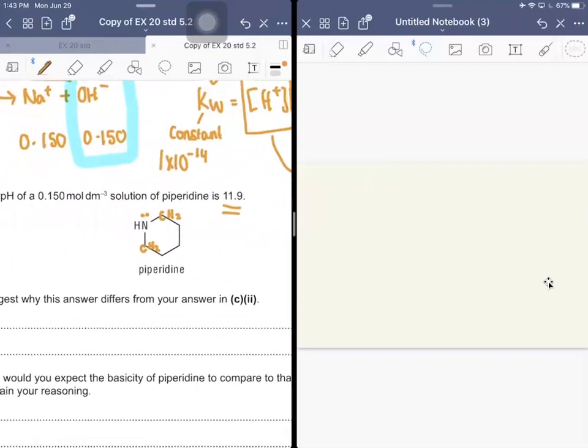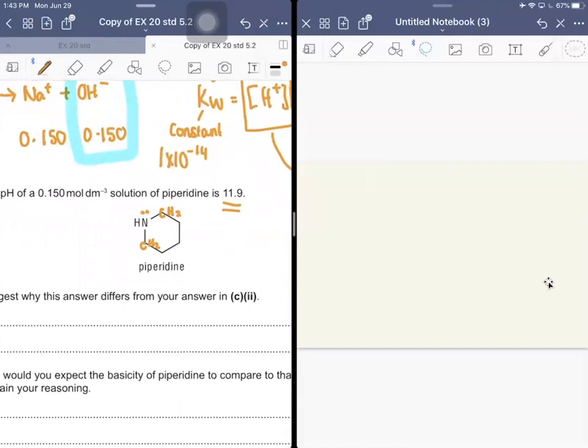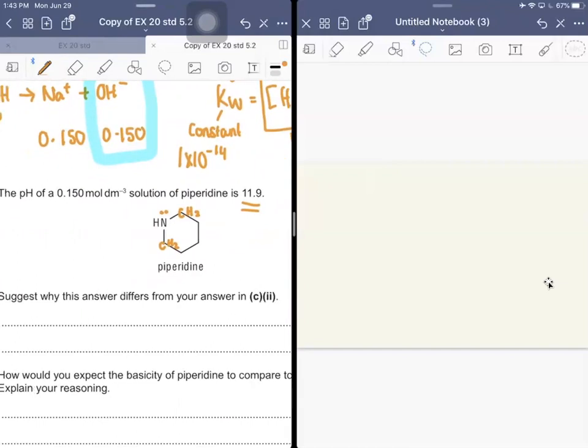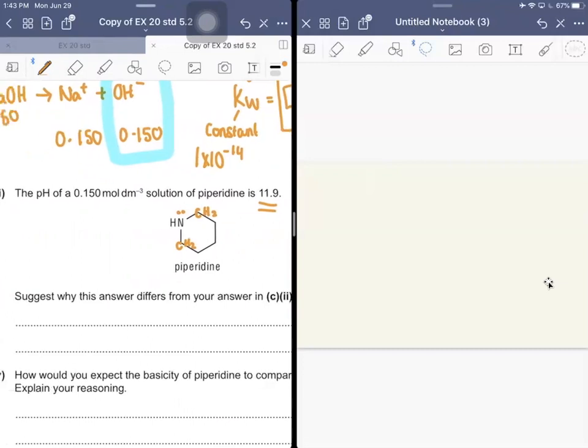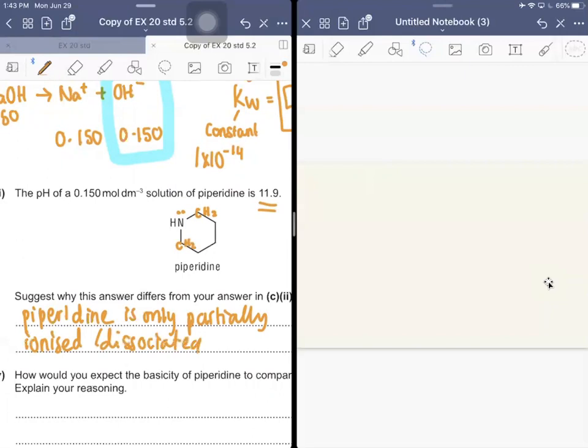So why does this answer differ from your answer in C part 2? Another way of saying that piperidine is a weak base is that piperidine is only partially ionized or dissociated. So that's another way of saying that piperidine is a weak acid.